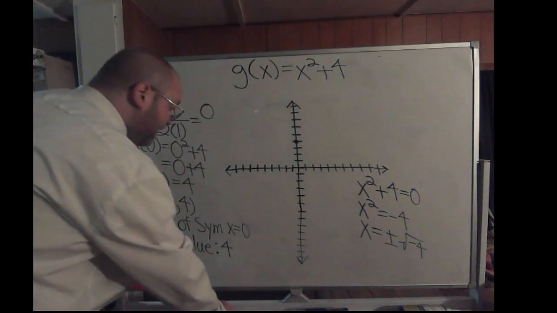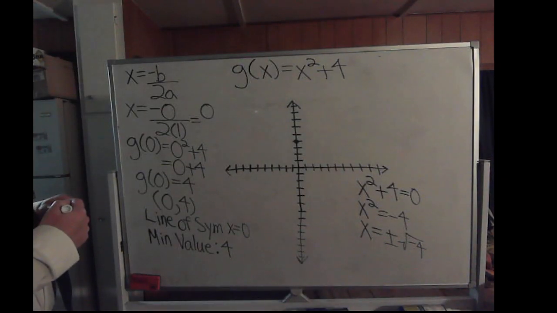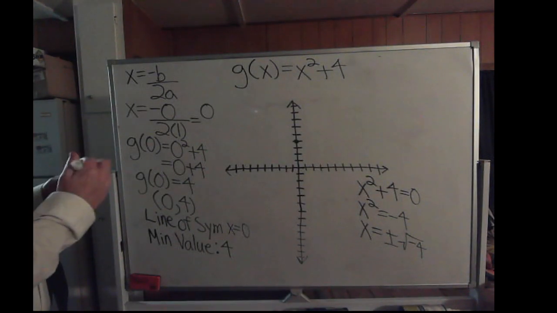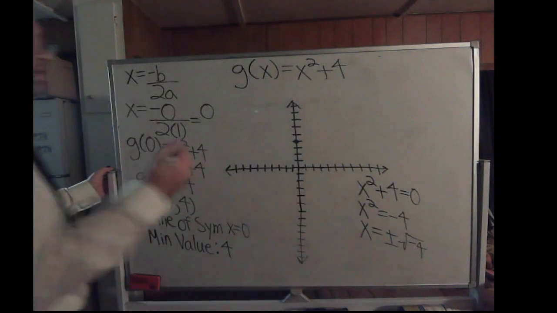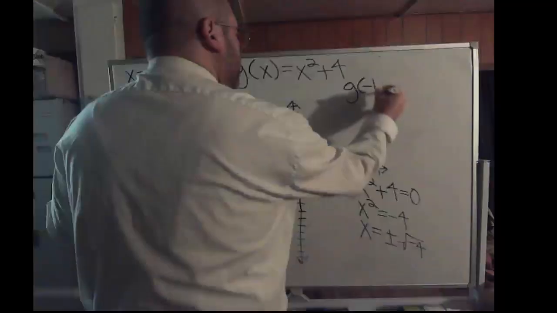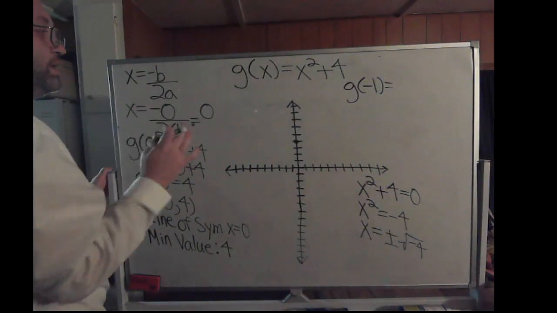Well, how do we find sufficient points? What I'm going to suggest is that we pick any other point for an x value and then we plot it. So let's say we take g of negative 1. Let's pick x equals negative 1.